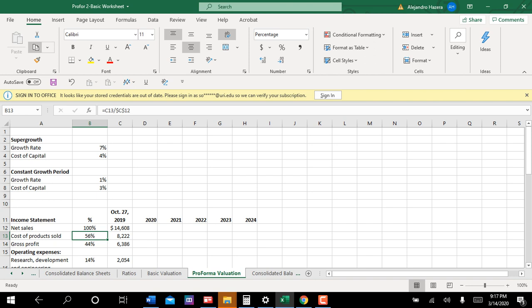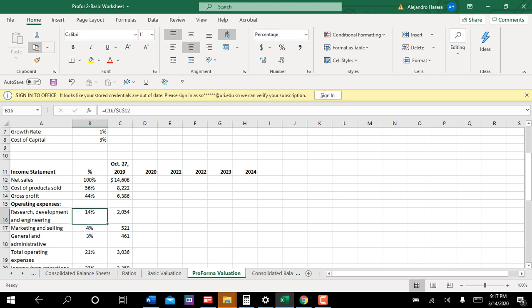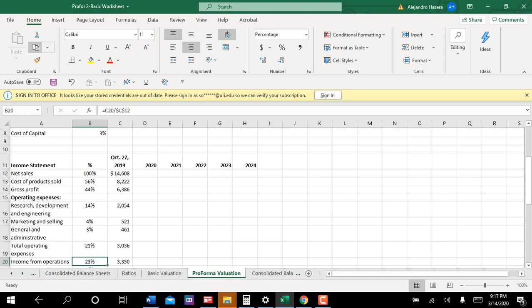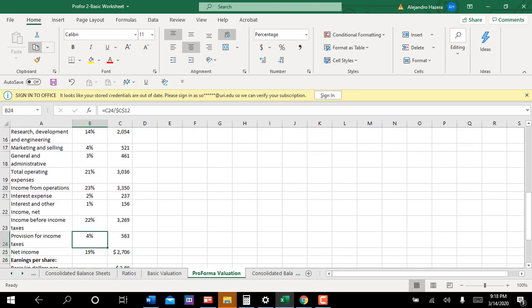So cost of goods sold was 56% of sales. Your gross profit was 44% of sales. Research and development, 14%, et cetera. And it's interesting to see that your net income was 19% of sales, which really isn't too bad. This company may actually produce some cash flows. We'll get back to that.